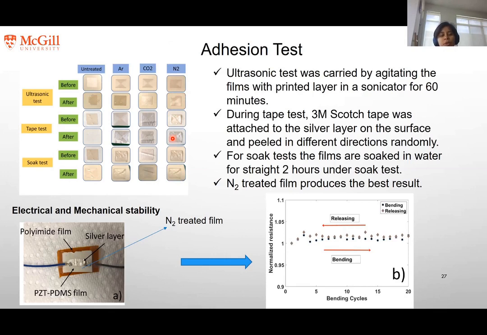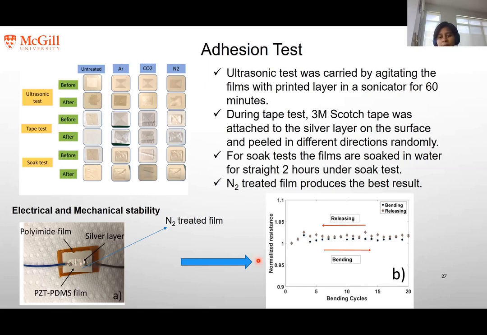So then we proceeded with the nitrogen-treated film to see how electrically and mechanically stable it is. We pasted the film on a Kapton film, printed a silver layer, and then did bending and releasing of the film with the metal layer. We measured the resistance of this printed layer by applying a voltage and measuring the current.